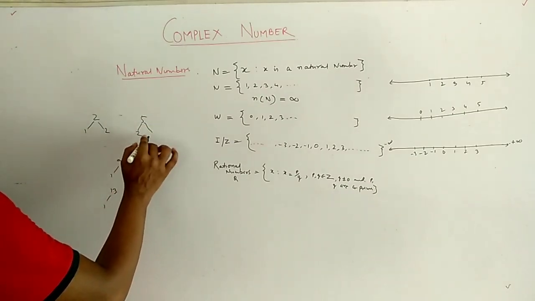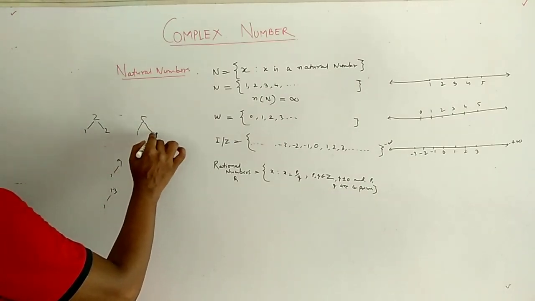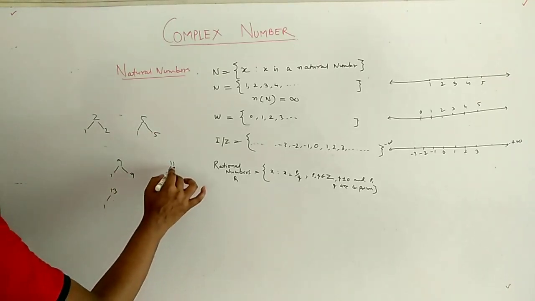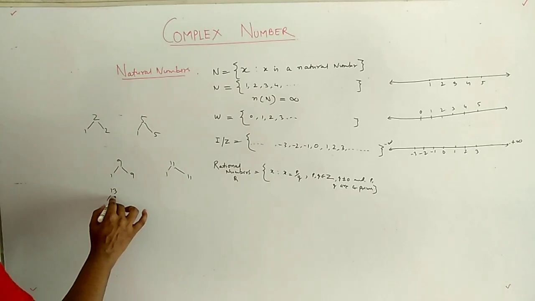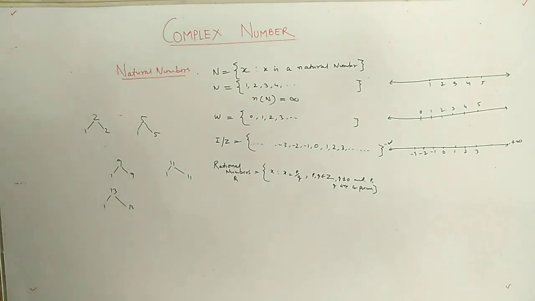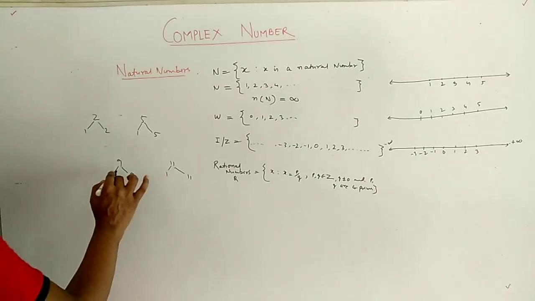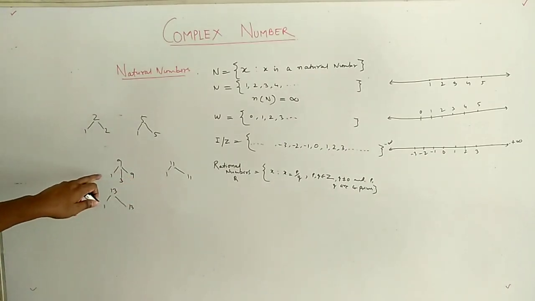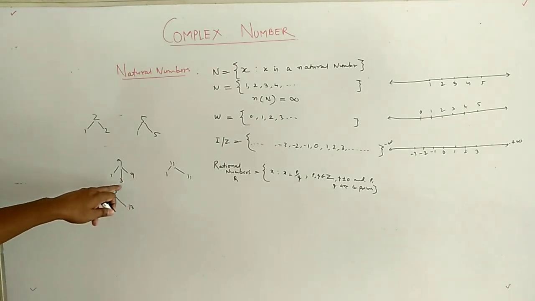So this number is divisible by 1 and also by 2, this by 1 and 5, 1 and 9, 1 and 11, 1 and 13. But if you look at this number, it is also divisible by 3. Means apart from 1 and itself, this number is also divisible by 3.